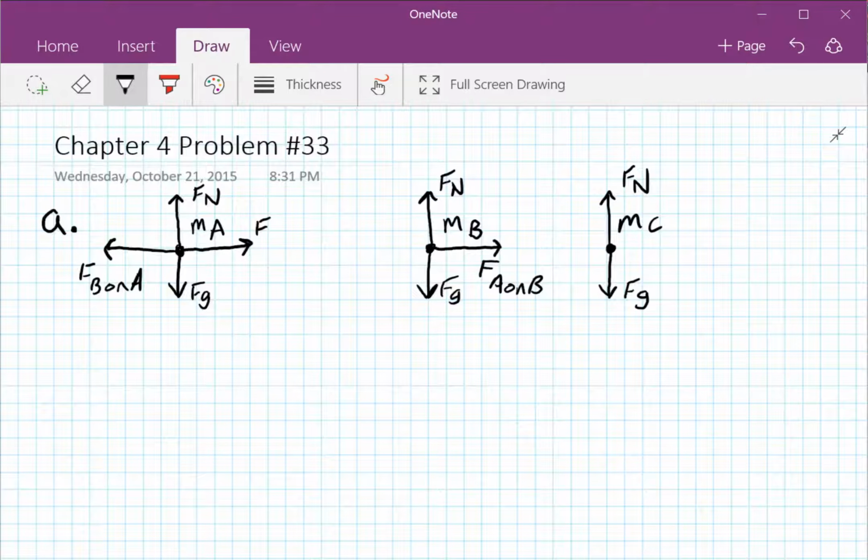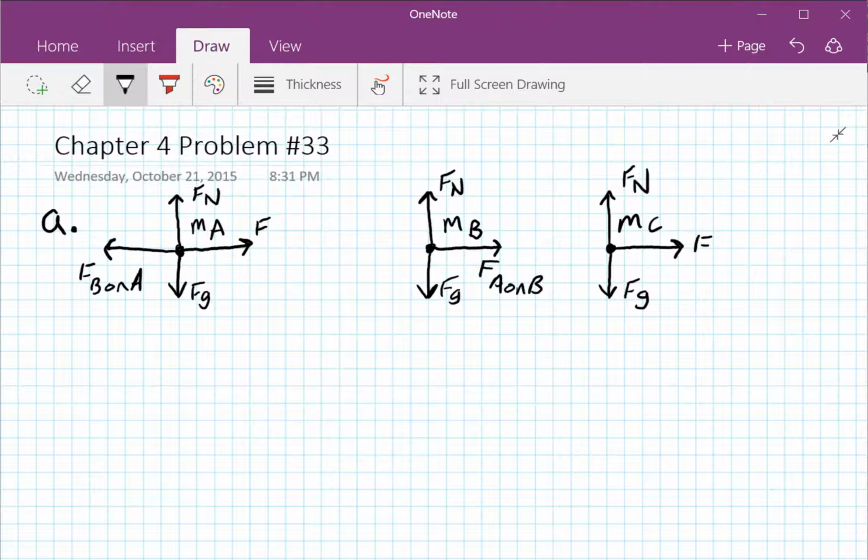We look at the free body diagram for mass B. We have B being pushed by mass A, which is being pushed by the force given, but mass B is also pushing on mass C, so you have a force going to the right.